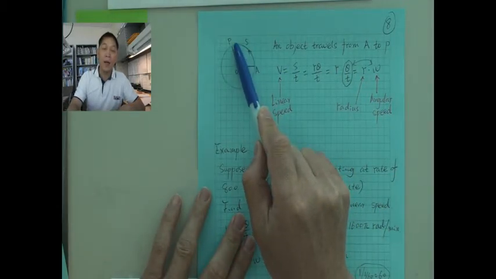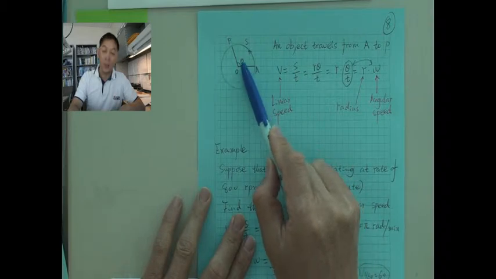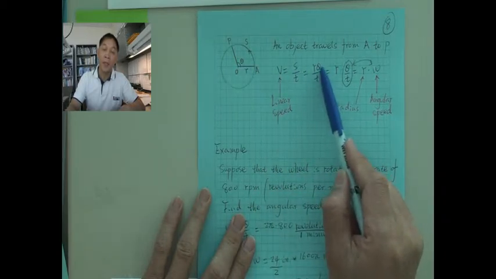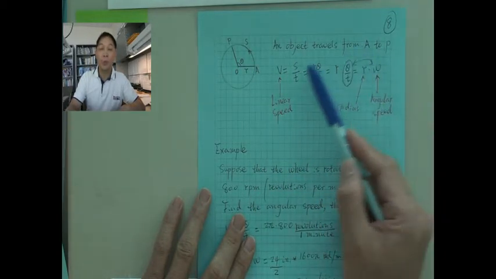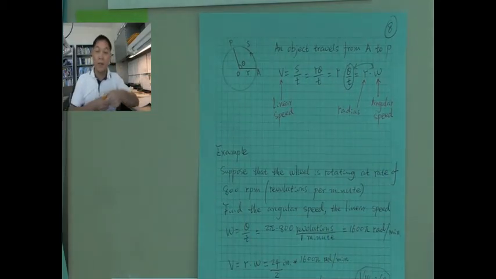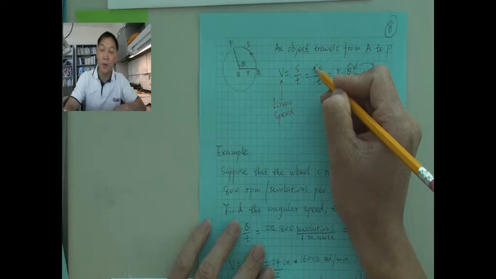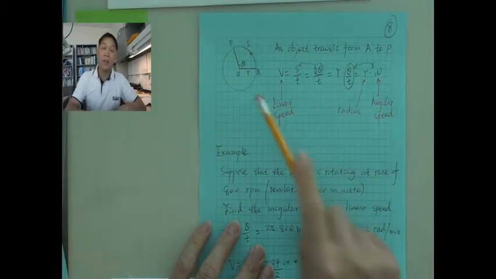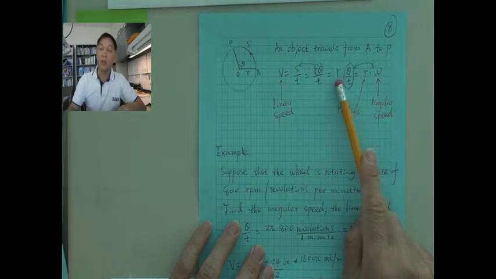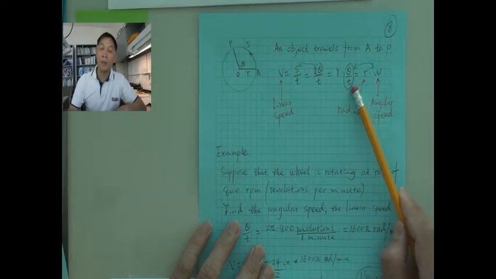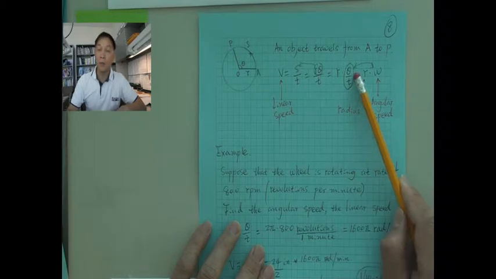Now we know the length of the arc equals R times the corresponding central angle, theta. Replace S with R theta because those two are equal. Now R is a constant, so you pull it out. And then that's basically theta divided by T. So what's the meaning of that?